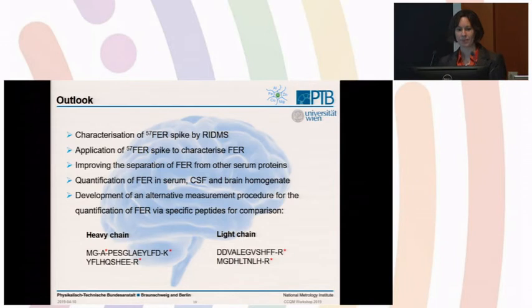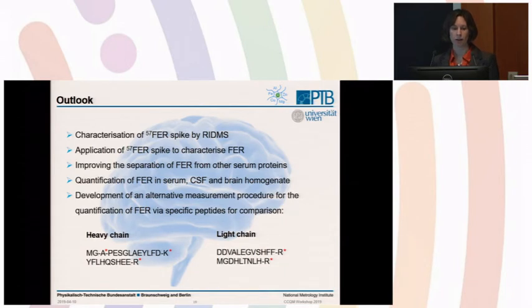So the outlook is that our colleagues in Vienna want to characterize the spike material more closely using reversed IDMS, and then use it also to characterize the calibration material of ferritin. We definitely have to improve the separation of the ferritin from other serum proteins.